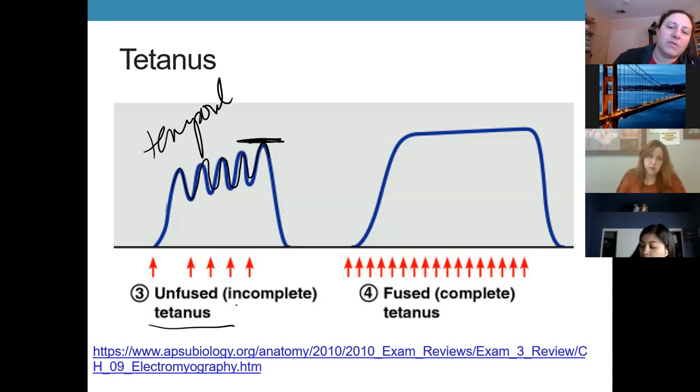Fused tetanus is when the frequency of the stimulation is so high that we never relax at all. We just ramp the tension all the way up to max and we stay there until either we stop asking or the muscle fatigues and stops responding.